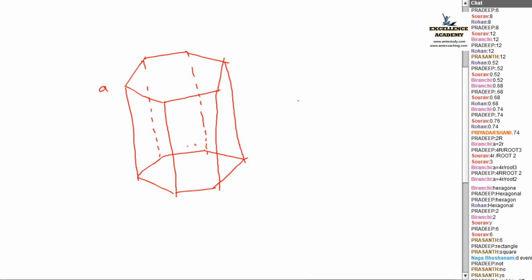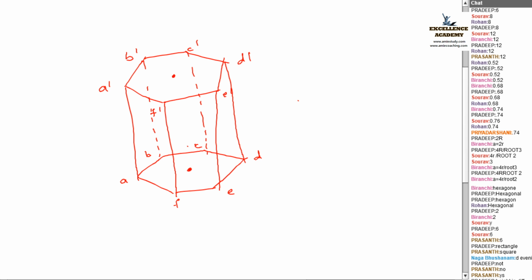And the top faces I am going to name this A dash, B dash, C dash, D dash, E dash, and F dash. And the bottom faces A, B, C, D, E, and F. Okay. Listen carefully. I put a center dot there. That is the middle point.